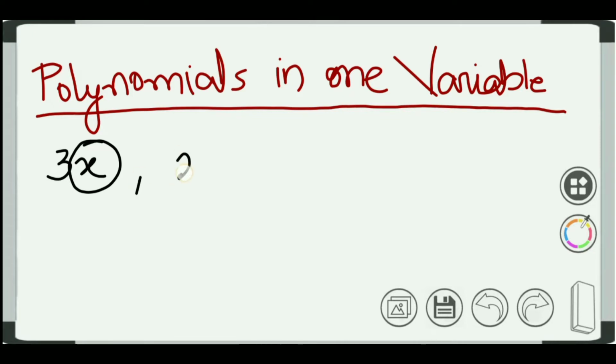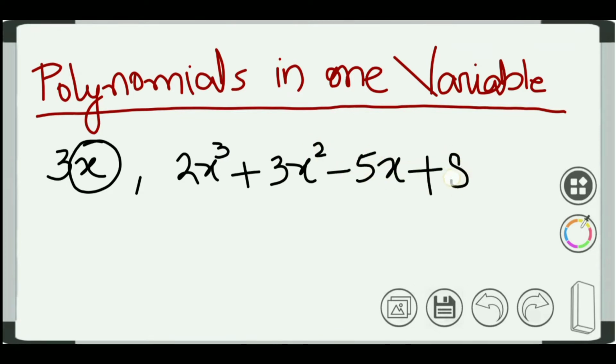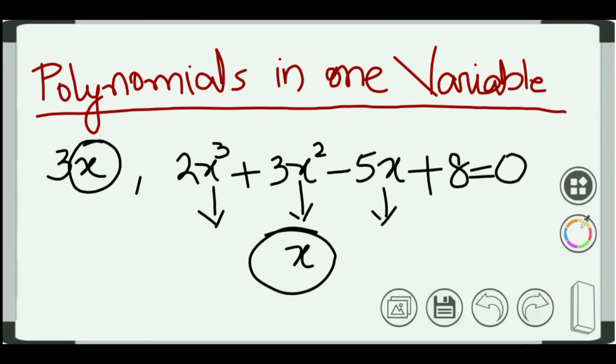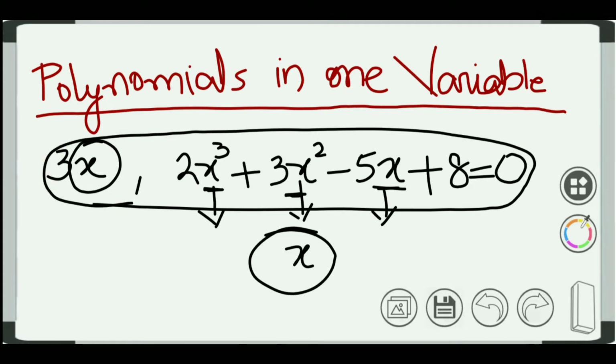Take another example: 2x cube plus 3x square minus 5x plus 8. Is this a polynomial with one variable? Of course, because it has only one variable, that is x. So these are examples of polynomials in one variable. In the entire expression you have only one type of variable, so you can call such an expression a polynomial in one variable.